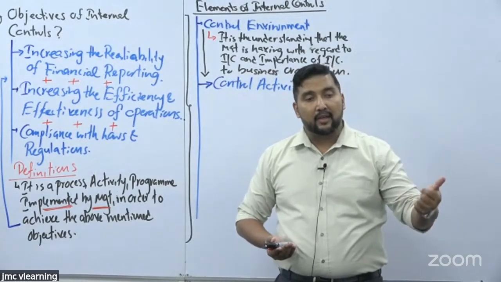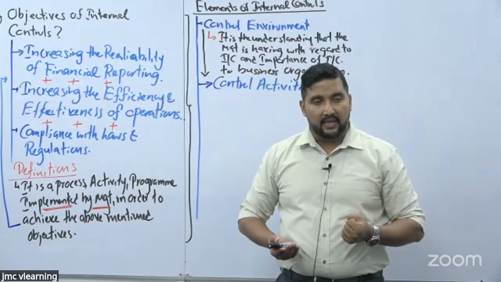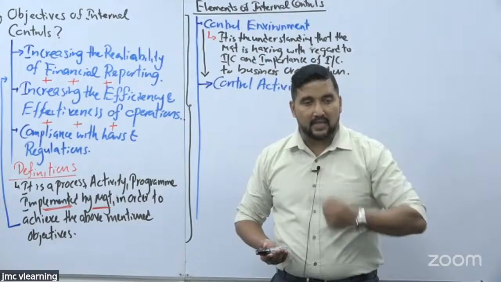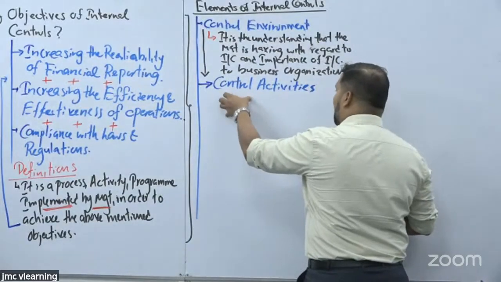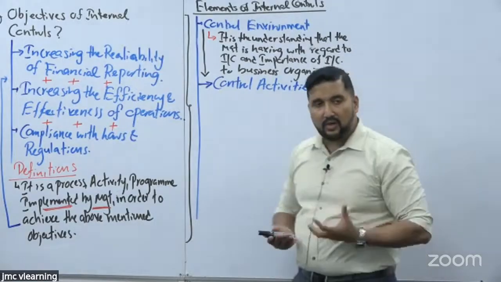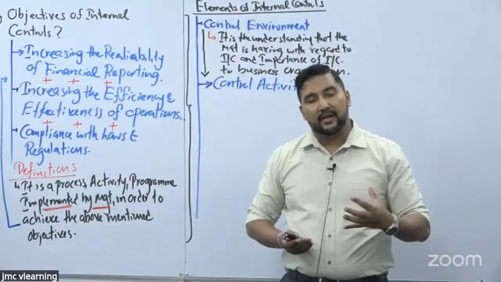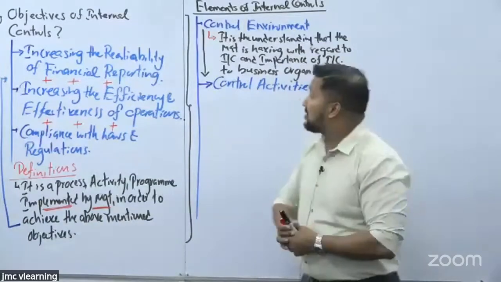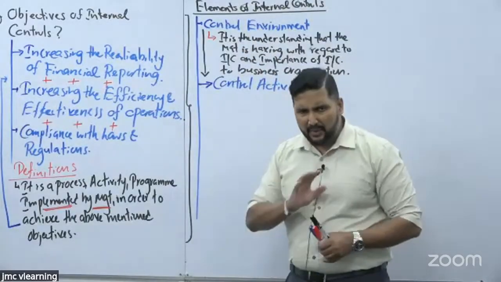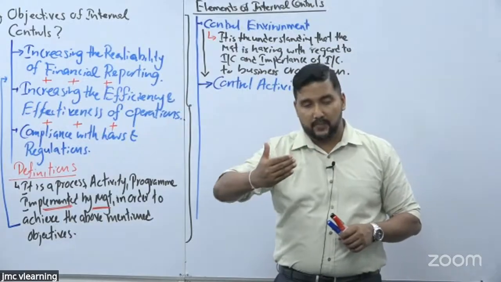Clear? Studying on regular basis, at least 4 or 5 hours for a day on daily basis. It's an activity for you to pass the exam. So those are referred as what? Control activities. So in simple language, control activities are the action steps designed by the management in order to achieve the overall objectives of control environment. Keep it very simple. Control activities are the action steps.